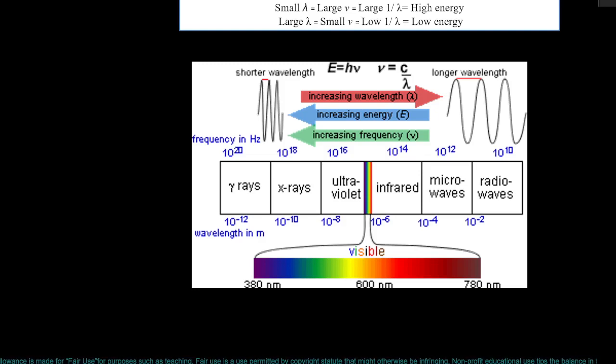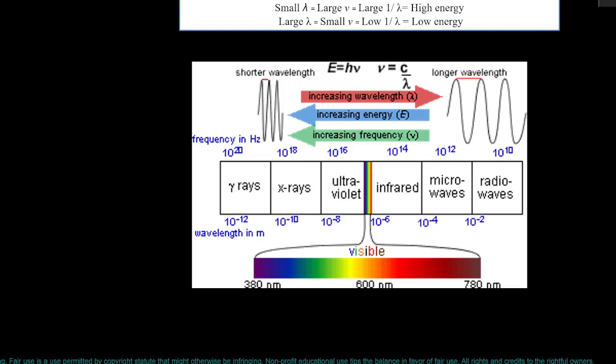We see that for visible light, violet starts at 380 nanometers, and this means it is of a shorter wavelength, higher energy, higher frequency.